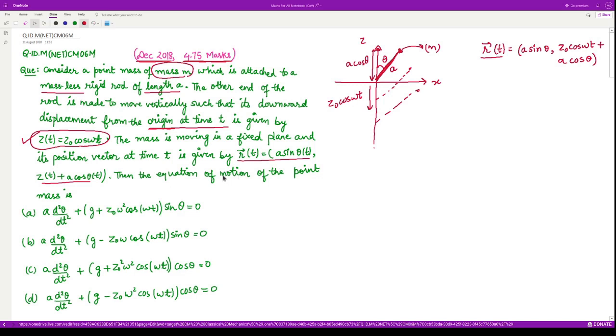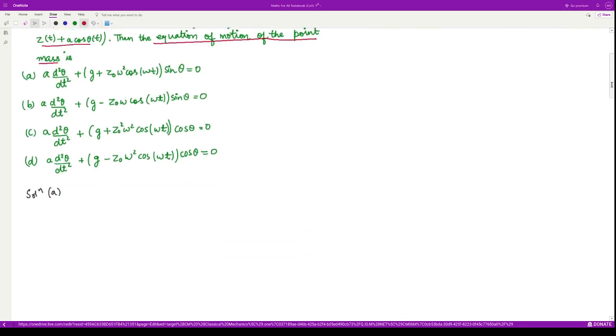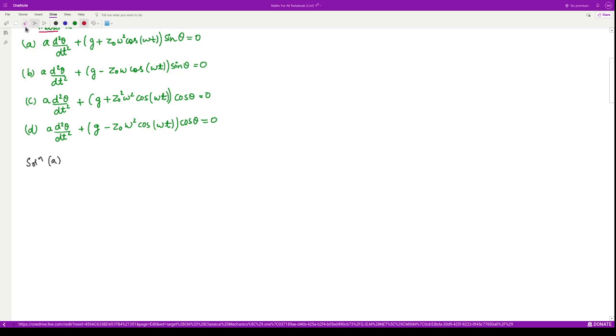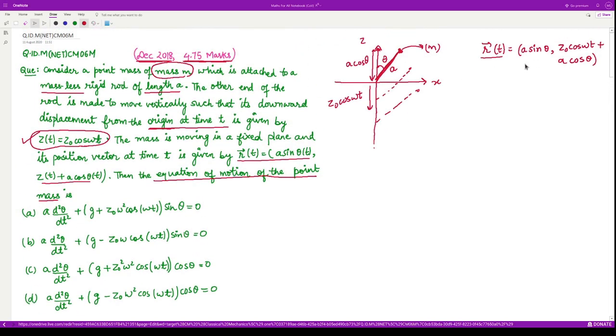Now they are asking what is the equation of motion for this point mass m. So for this point mass m, we need to find the equations of motion, which are given by the Lagrange equations. We have only one independent variable over here, this theta.